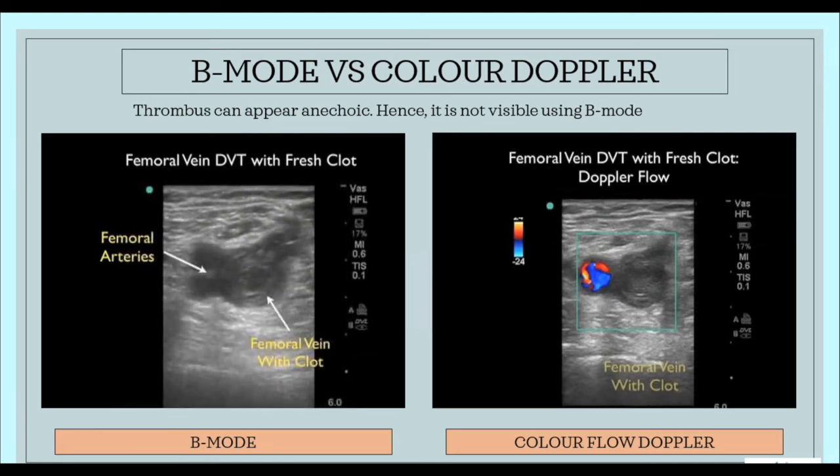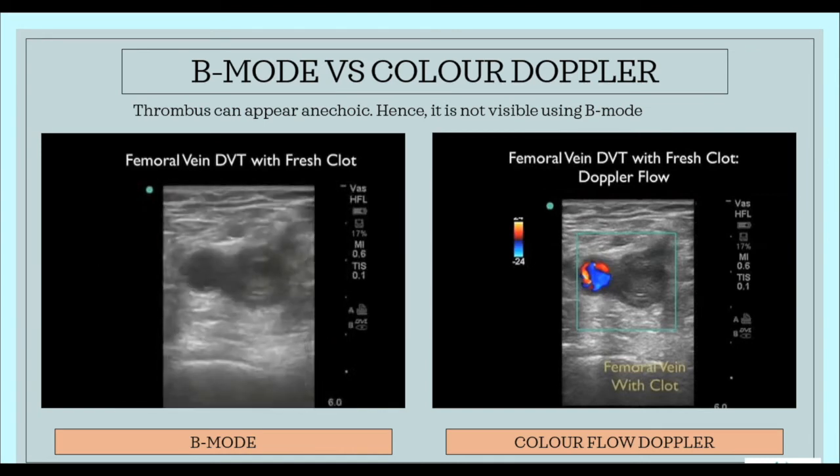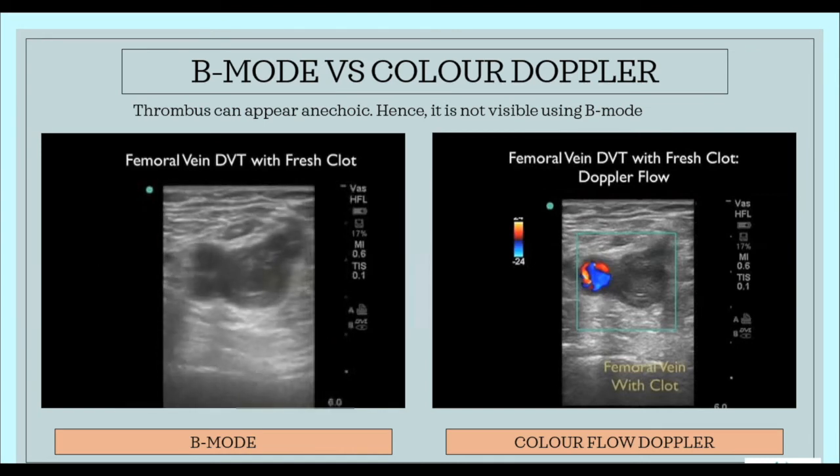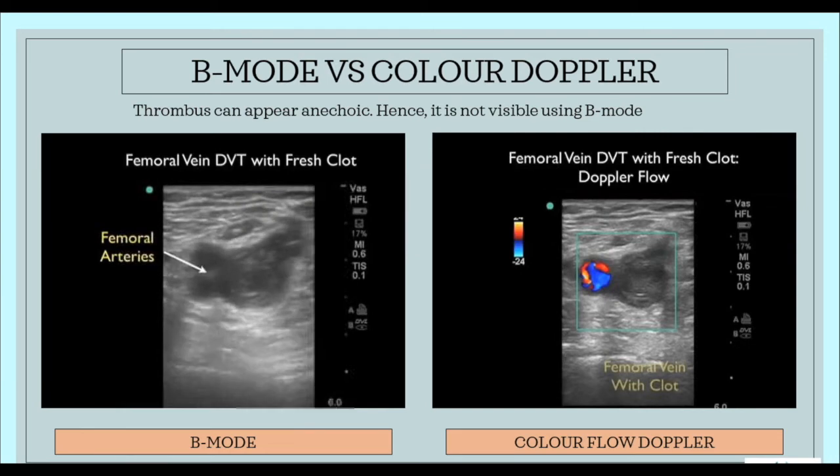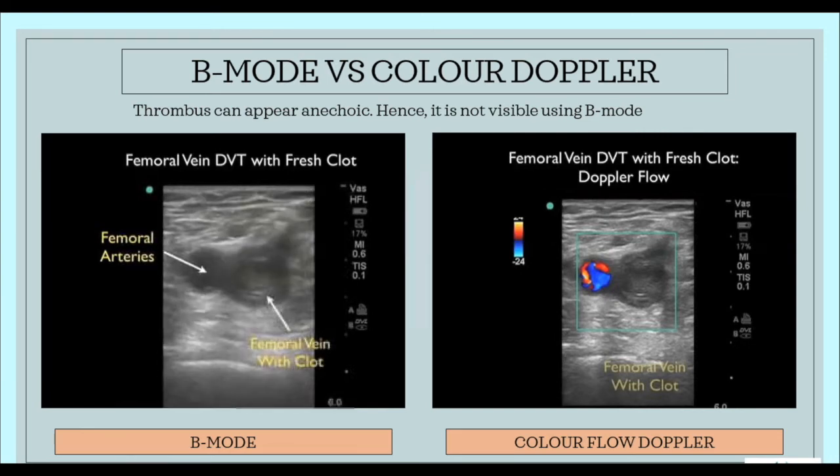So we can see in this slide, the left side shows the inguinal region under B mode. It shows there is echogenic thrombus in the common femoral vein, while the femoral artery is pulsating.